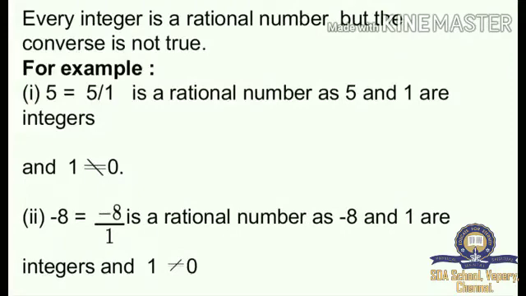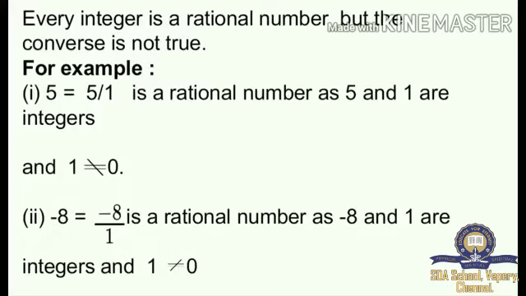And every integer is a rational number, but the converse is not true. For example, 5 divided by 1. If they give some question like whether 5 is a rational number or not, every integer which has a single value, the denominator will be 1.